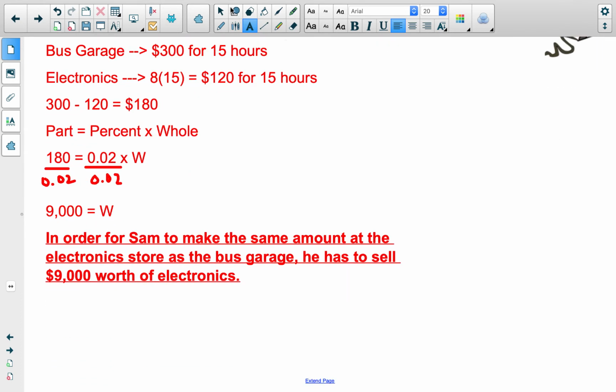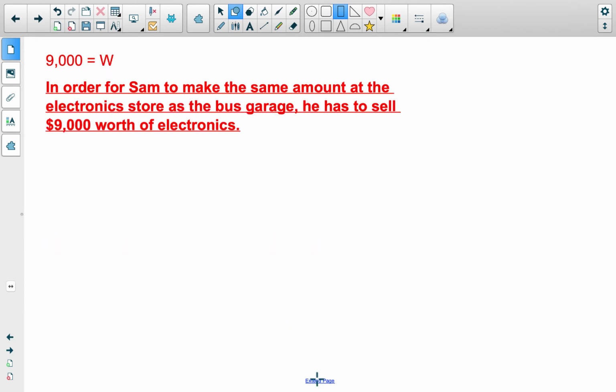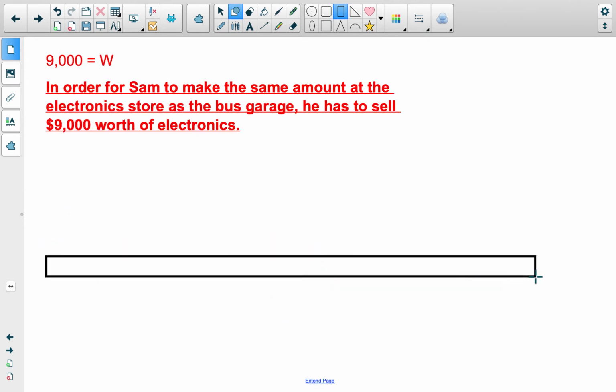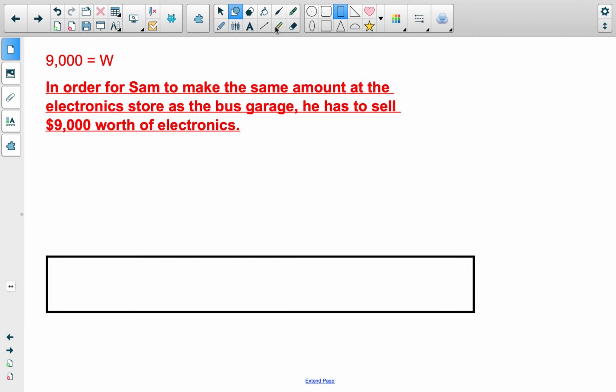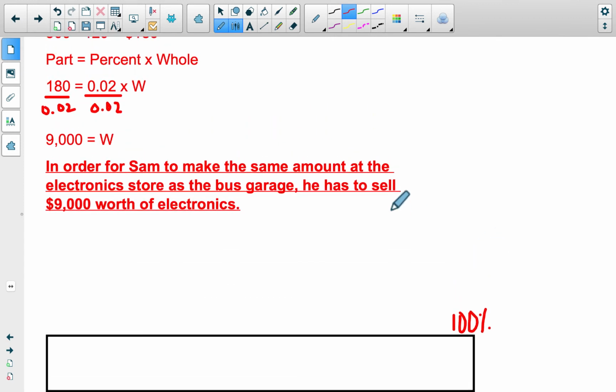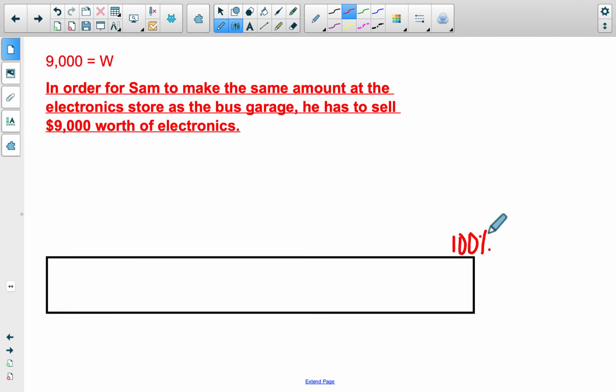Okay? Now, in terms of a bar diagram, let me extend the page. What this would look like, we have this. I'm going to label 100% over here. Now, the 100% in this case, the amount of total sales he needs to make, we do not know. So I'm just going to put an X down here.